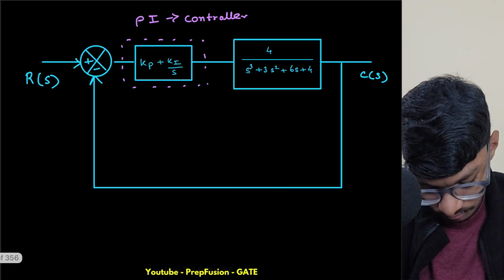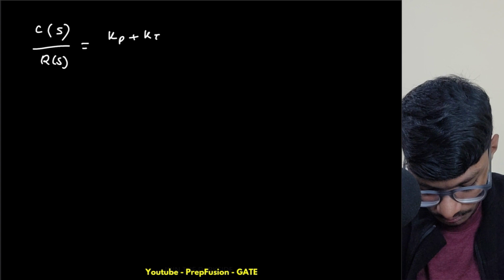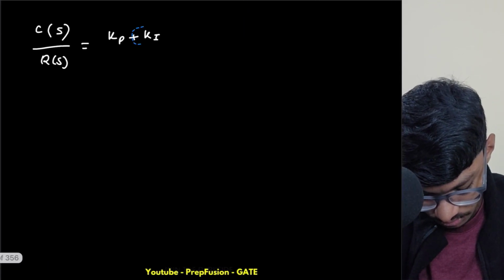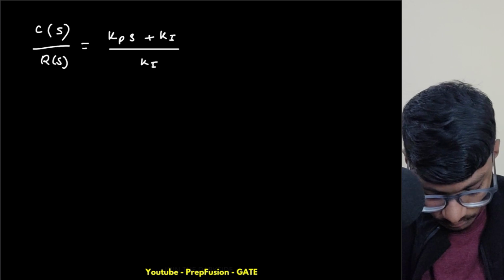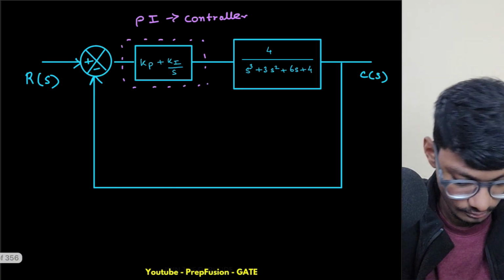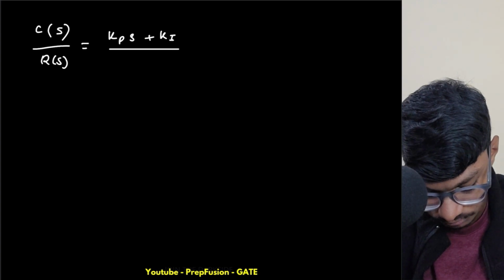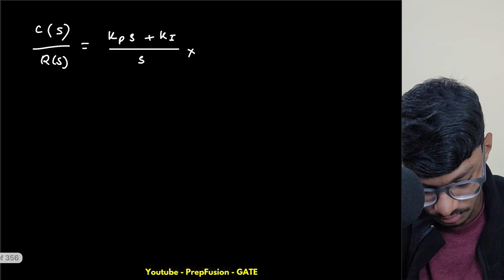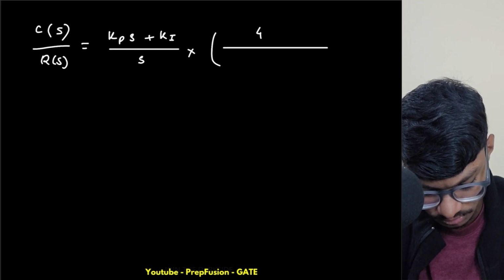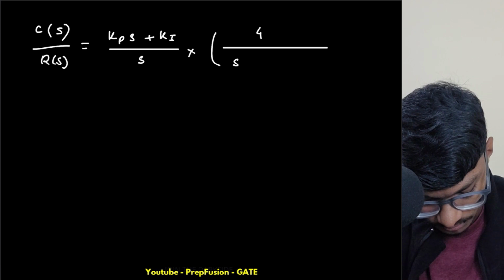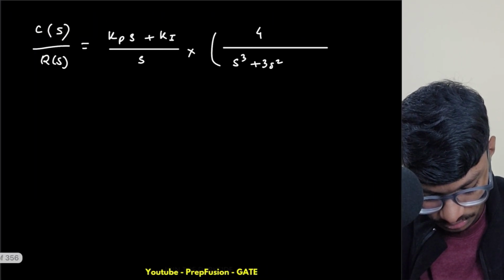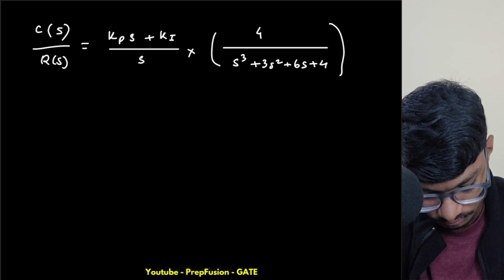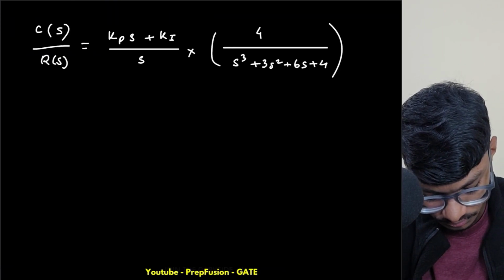So this will be Kp plus Ki into S, into 4, divided by S cube plus 3s square plus 6s plus 4.